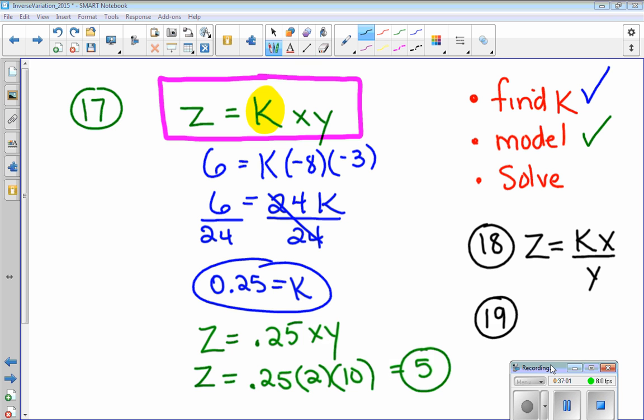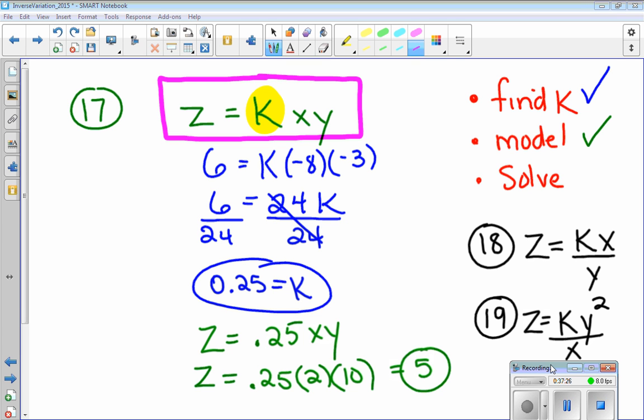Z varies directly with the square of Y and inversely with X. So those are the equations to start with for 18 and 19.